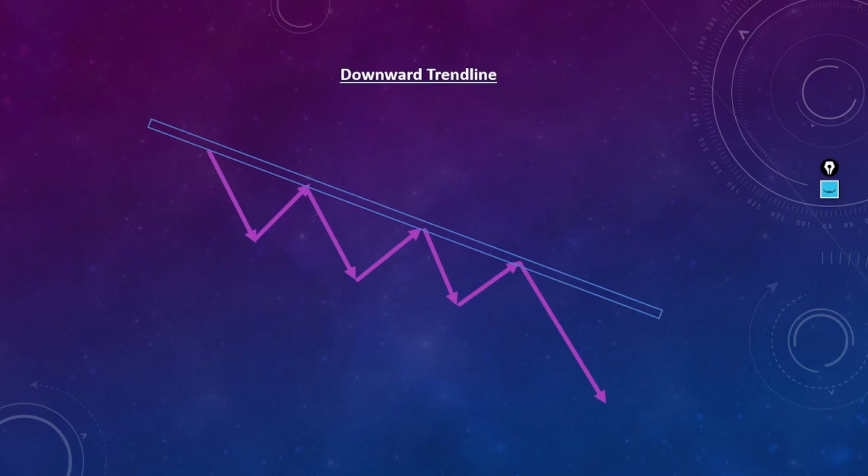And for the downward trend line, it's simply drawn along the top of the easily identifiable resistance areas. So all of the lower highs, you simply collect the dots, and that's giving you confirmation to sell.